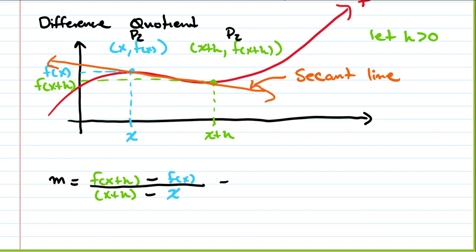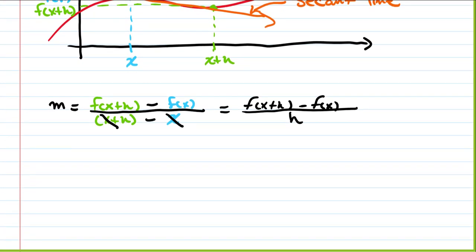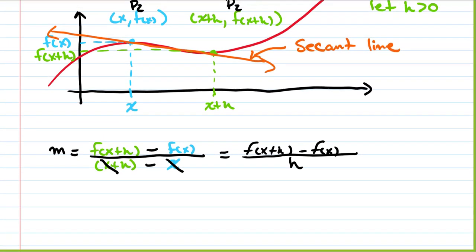So now if I simplify this up a bit, I get f of x plus h minus f of x all over positive x and negative x, and that gives us h. So we end up with the following formula. So for any positive number h, this is going to give us an approximation of the slope.